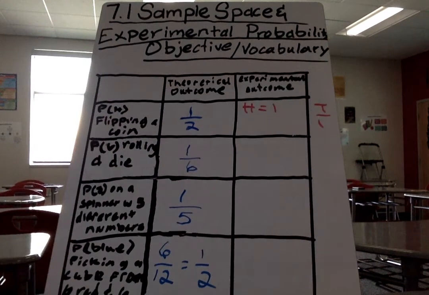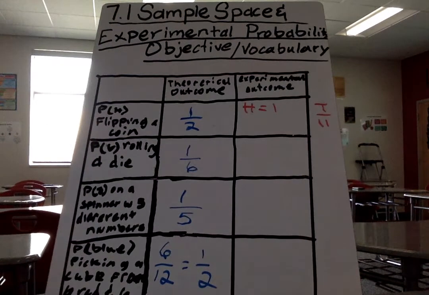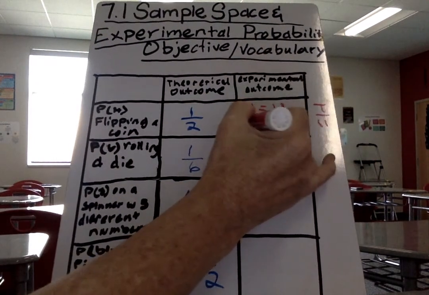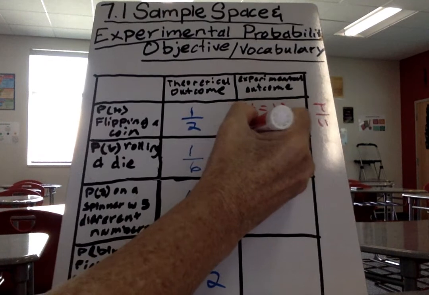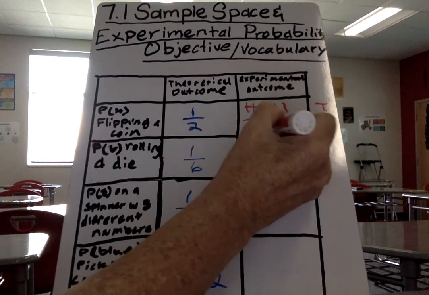Okay, so I'm going to flip it 2 more times. That one's tails. Now I'm going to flip it 1 more time. And that one's heads. So I actually ended up with 2 out of 4, and that will simplify to 1 over 2.